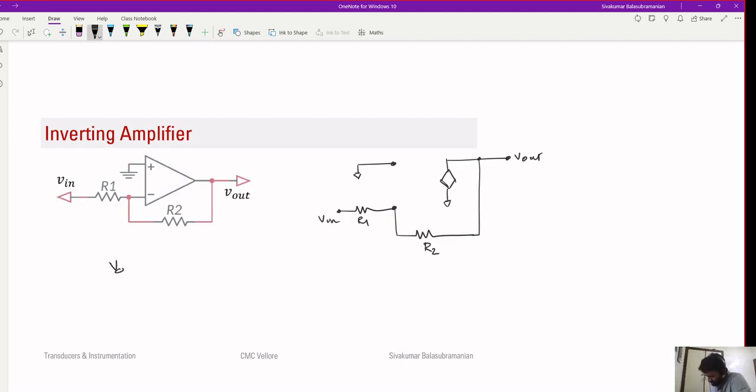Now, can you tell me what is V out in terms of V in? Let's say Vn. So this is Vp. This is Vn.